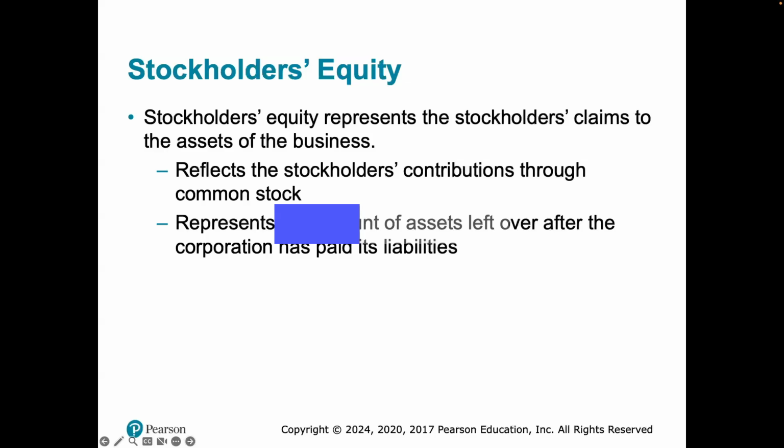So, one thing you need to know as a stockholder is that you are last on the totem pole when it comes to receiving funds. So, if any corporation ever goes bankrupt, the last people to get paid are the stockholders. Common stockholders are the last ones to get paid. All creditors, depending on how much they owe and who and what and all these other things that come into play, are lined up before you.